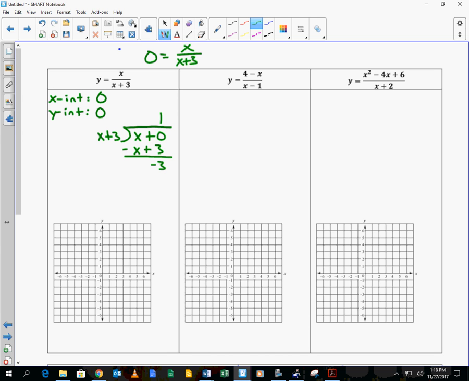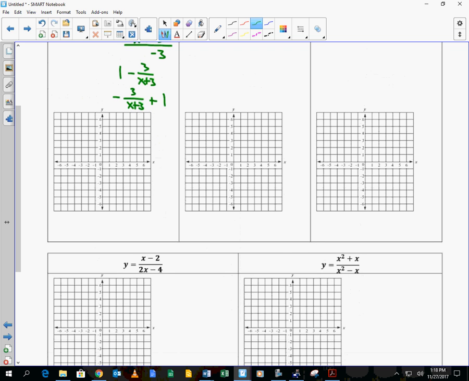So therefore, it would be 1 minus 3 over x plus 3. Isn't that the same as negative 3 over x plus 3 plus 1? Don't we know how to graph that? So all I've done is taken this and rewritten it so that I can graph it.